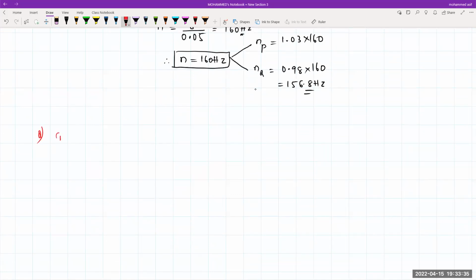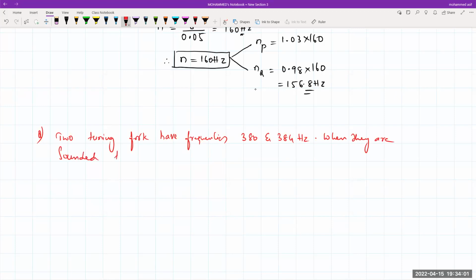Next question. Two tuning forks have frequencies 380 and 384 hertz. When they are sounded together, they produce 4 beats.